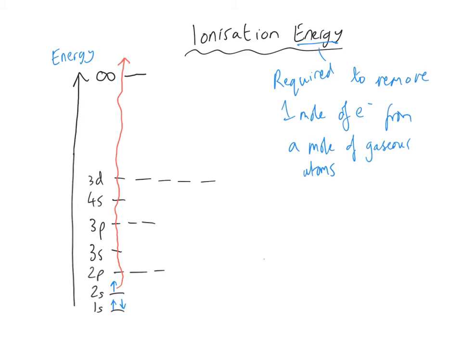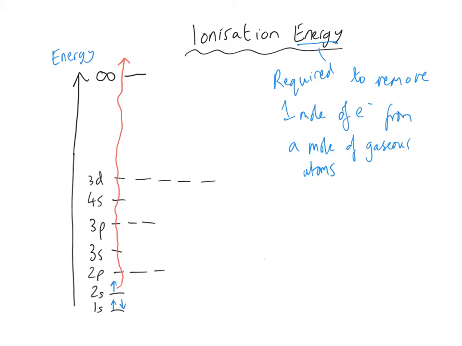So when you're ionizing something, you're giving the electron enough energy to leap from where it normally is in the ground state, past all the other energy levels, past the outer energy level, and it's gone. And that's the ionization energy of a particular substance.